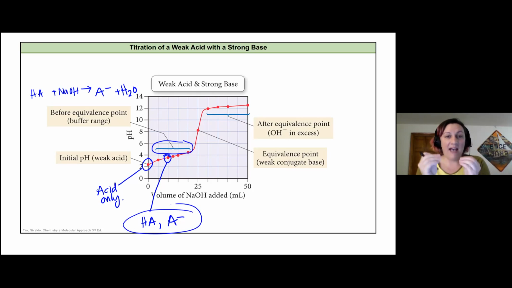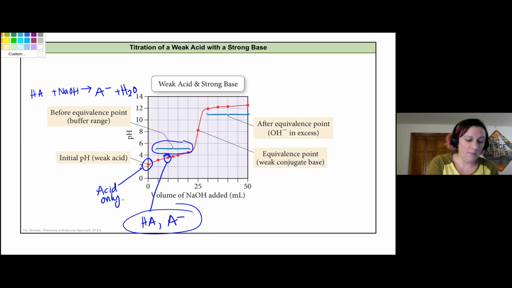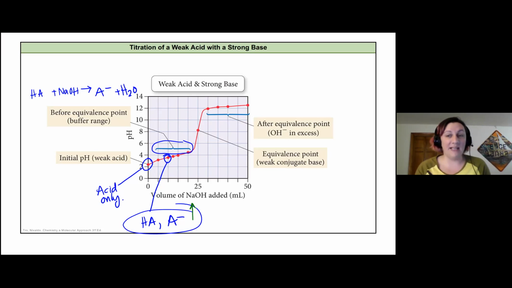And as we add more sodium hydroxide, we're going to see that conjugate base concentration increase as the weak acid concentration decreases. And so there's this period before we hit the equivalence point where we are converting weak acid into conjugate base. And it takes a while. And during that time period, if you look at this, the pH doesn't change drastically at all.